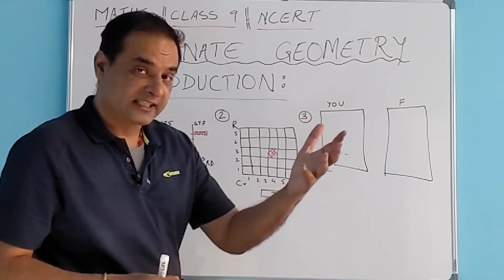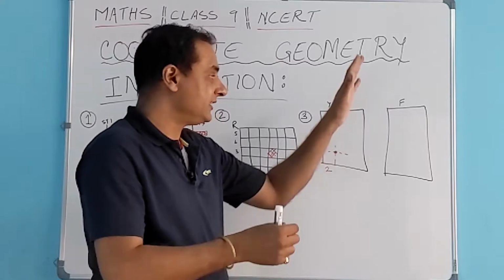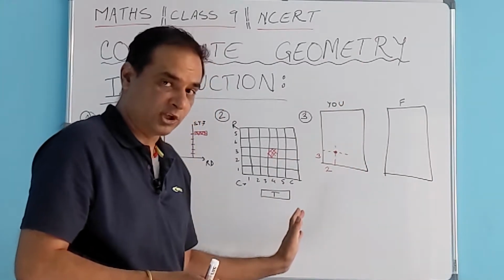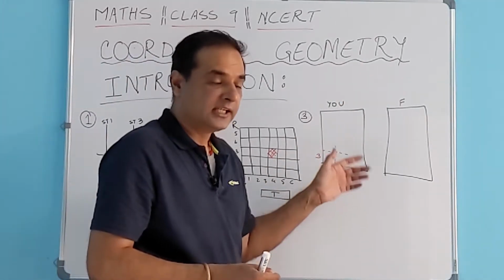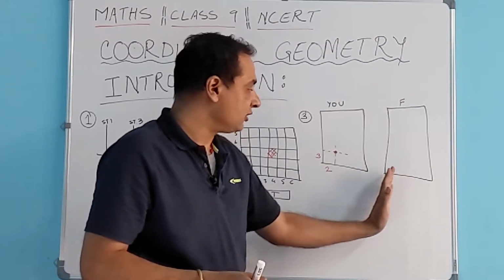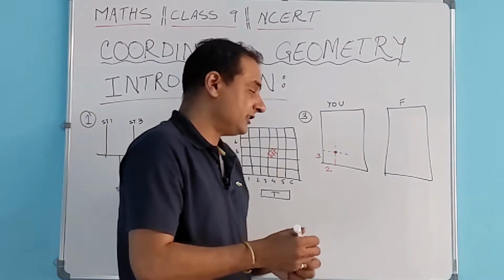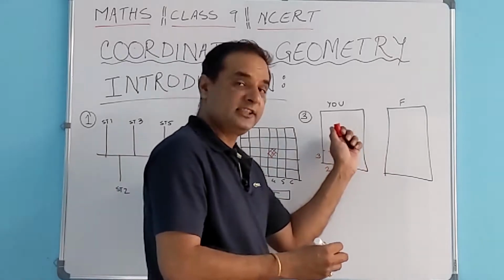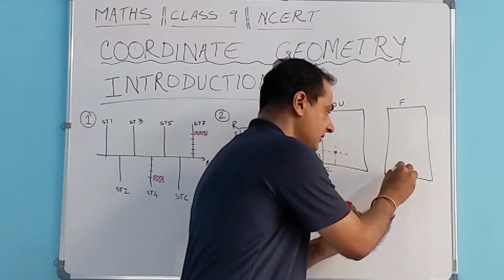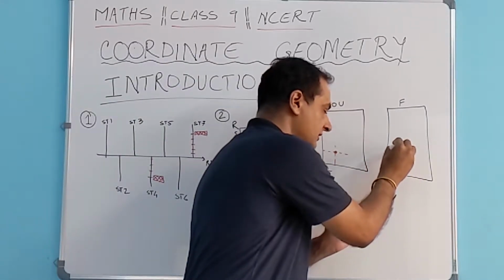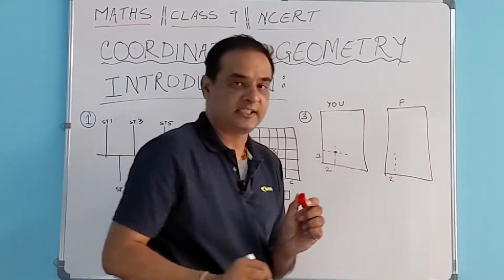So what will you tell your friend? You look at the left bottom corner of the page, and from there take a distance of 2 centimeter and draw a line parallel to the left edge of the paper. So he is going to draw this line. This should be 2 centimeter.